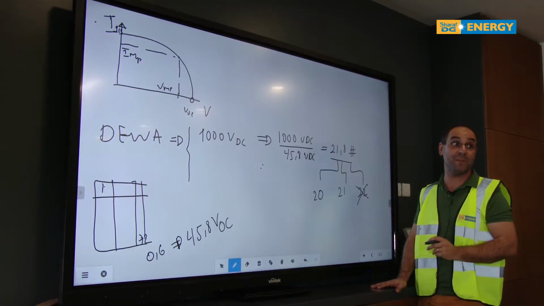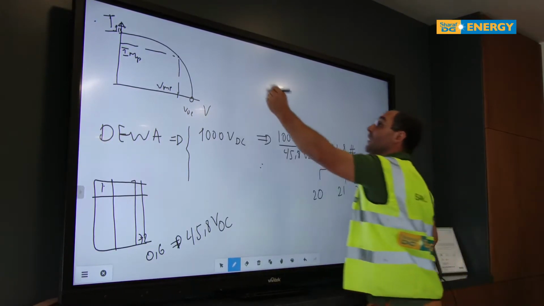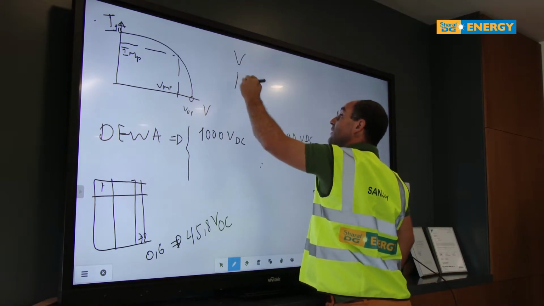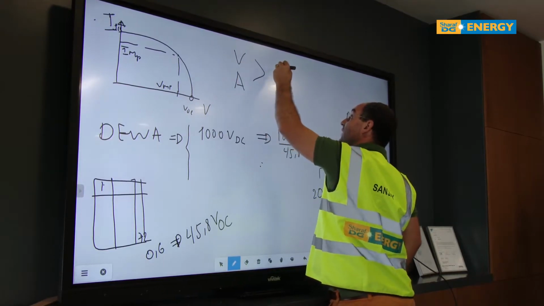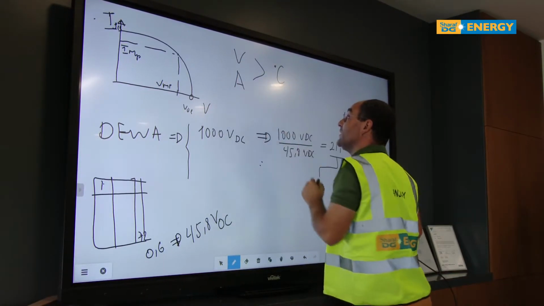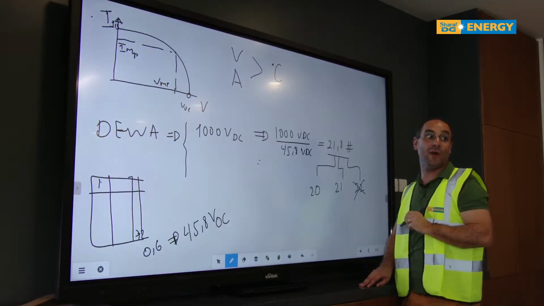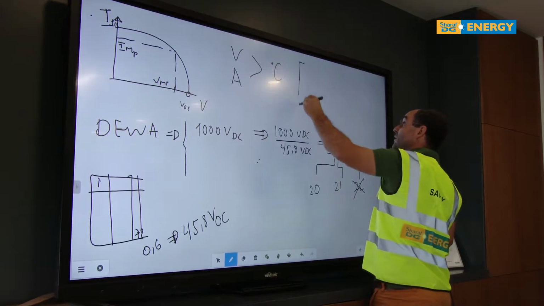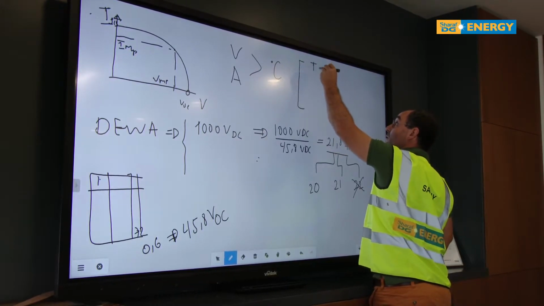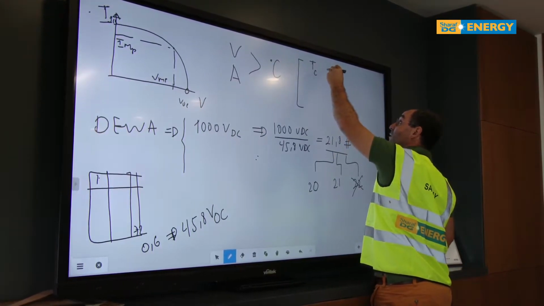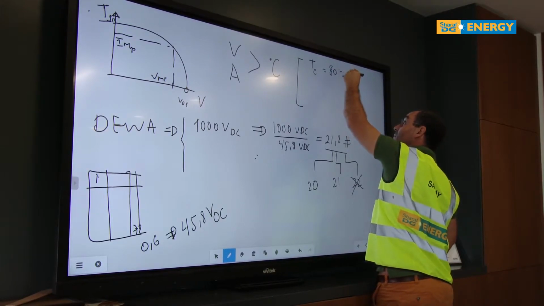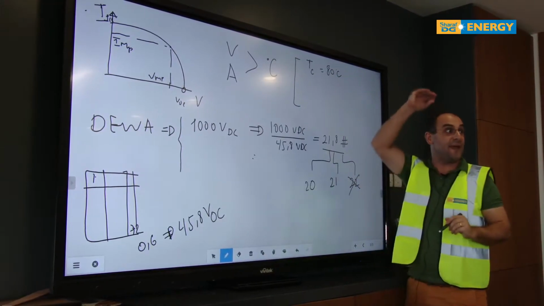In terms of temperatures, we know very well that voltage and current both are affected by degrees Celsius. So during our design, we specify the design temperatures. T cell could be 80 degrees as a maximum.